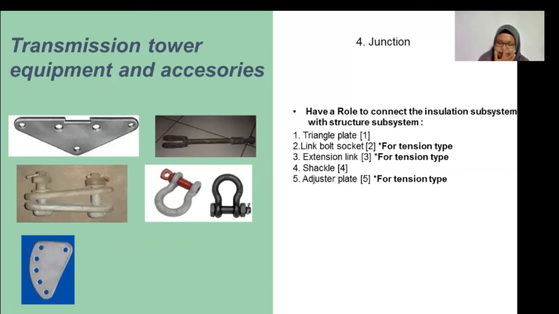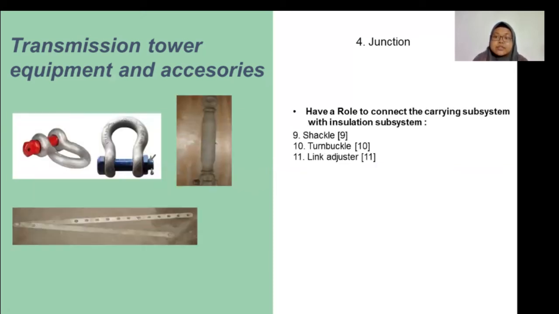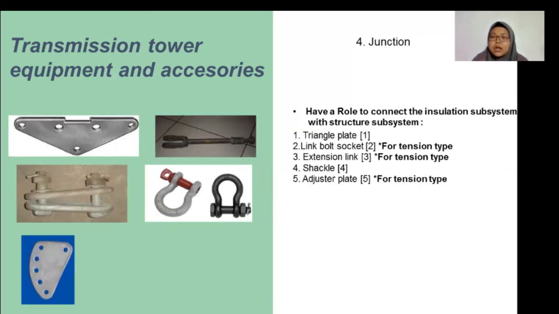And the second is junction function that has a role to connect the insulation subsystem with the structure subsystem. Before, we connected the carrying subsystem with the insulation subsystem, and now we connect the insulation subsystem with the structure subsystem.